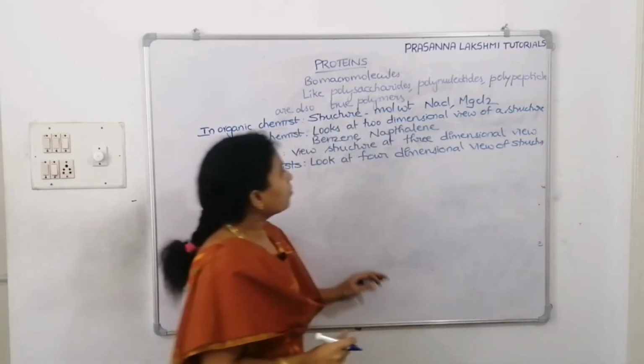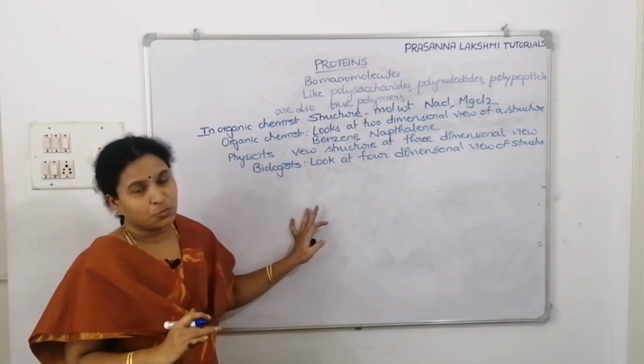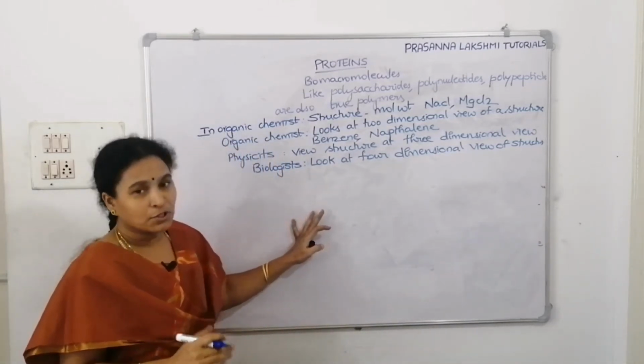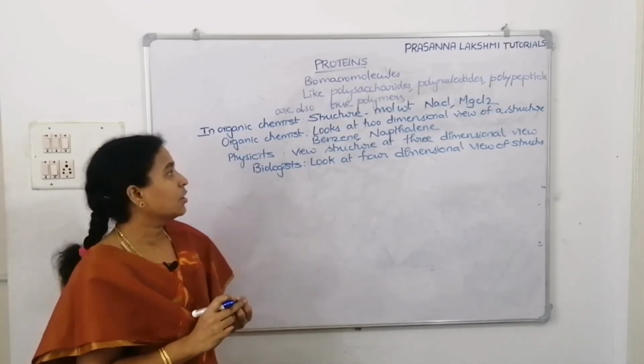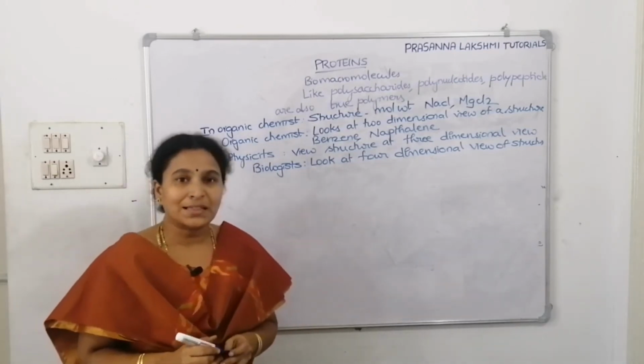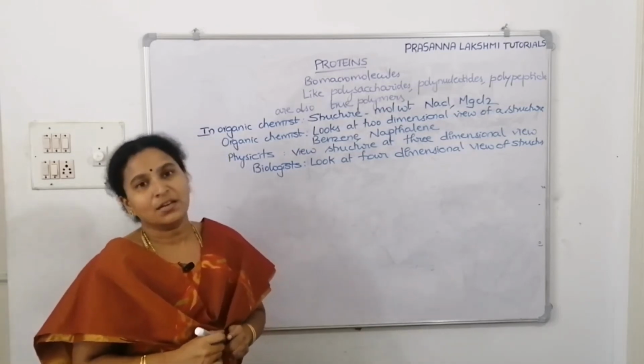Now, when we talk about the four-dimensional view of structures of proteins, we have four structures called primary structure, secondary structure, tertiary structure and quaternary structure. Primary structure is nothing but the linear chain structure.